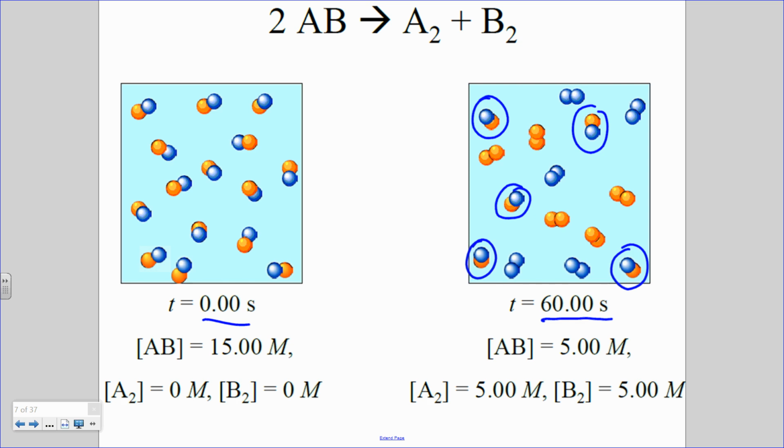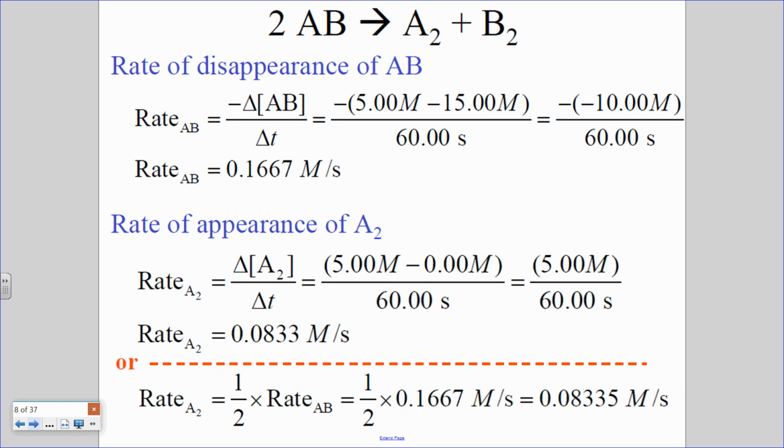Okay, so how would we calculate the rate of that reaction for the first minute of time? So let's look at that. If we look at the rate of disappearance of AB, there's a few ways we can do this. We can look at the change in concentration of AB.